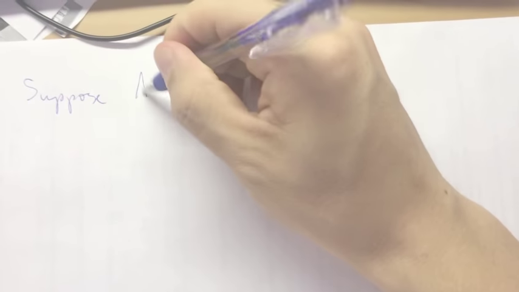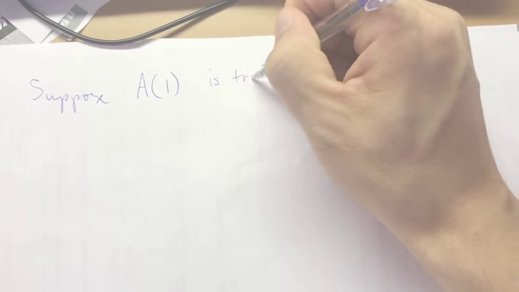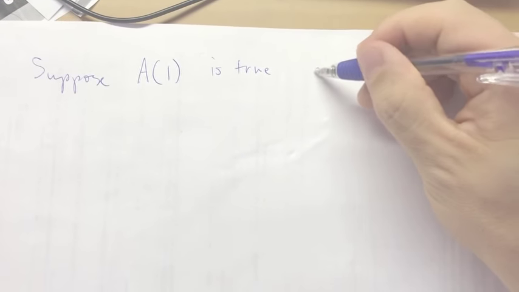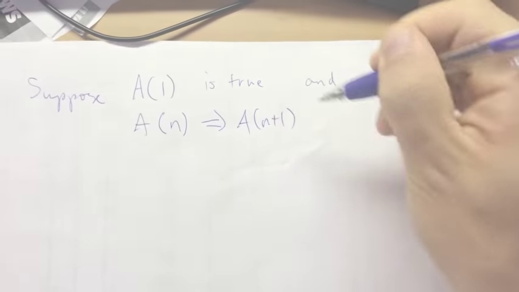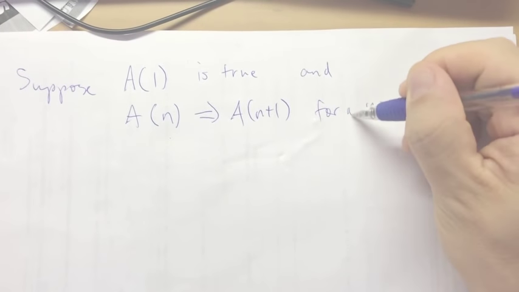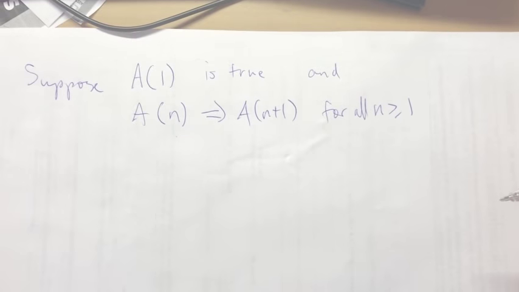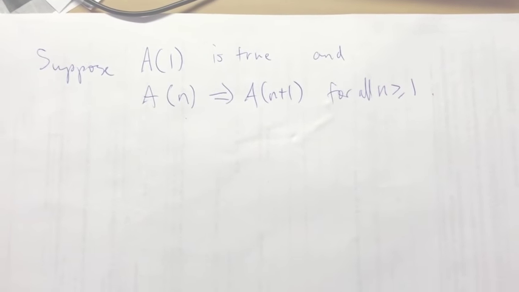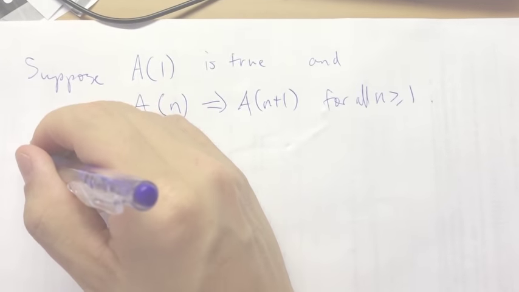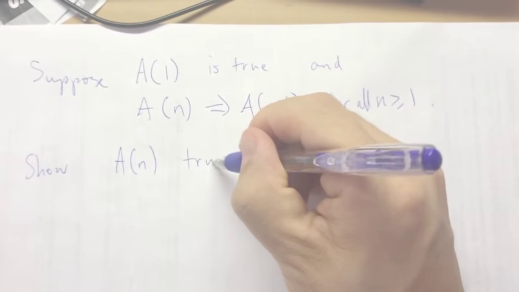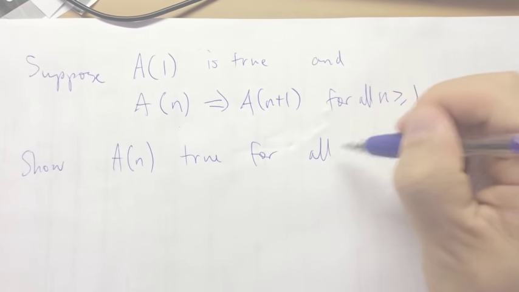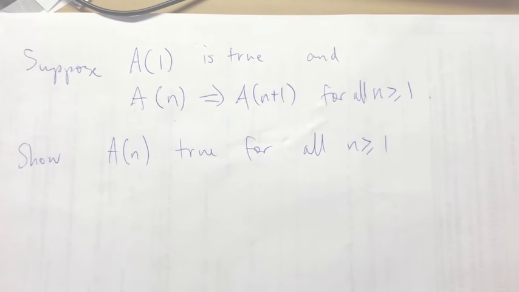So suppose A1 is true and An implies An plus 1 for all n whole numbers greater than or equal to 1. And we want to show An is true for all n whole numbers greater than or equal to 1.